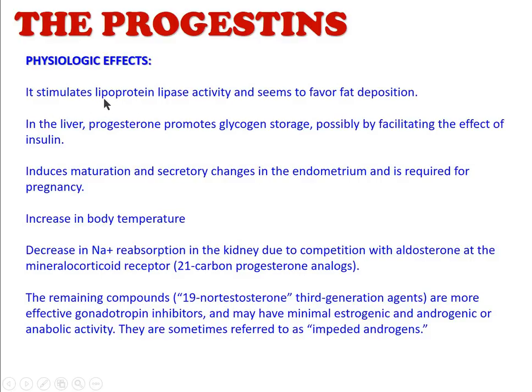For example, it stimulates lipoprotein lipase activity, increases fat deposition, promotes glycogen storage, increases body temperature, and decreases sodium reabsorption in the kidney because of competition with aldosterone. These are full sentences, so make sure that you remember and understand this.